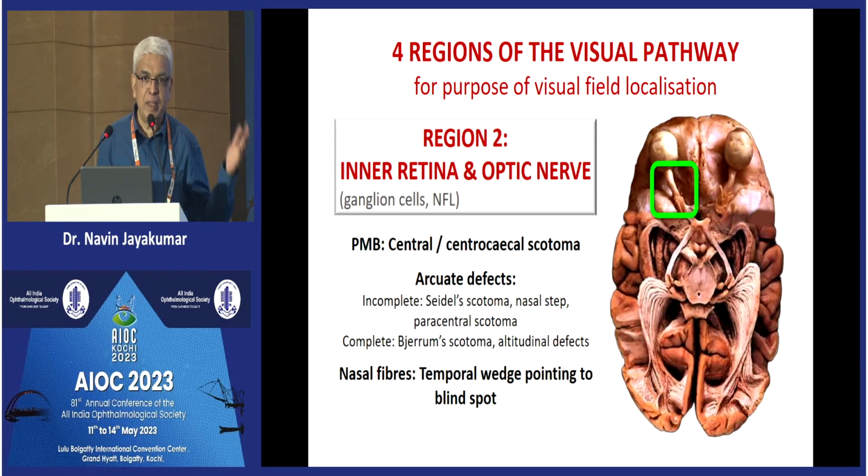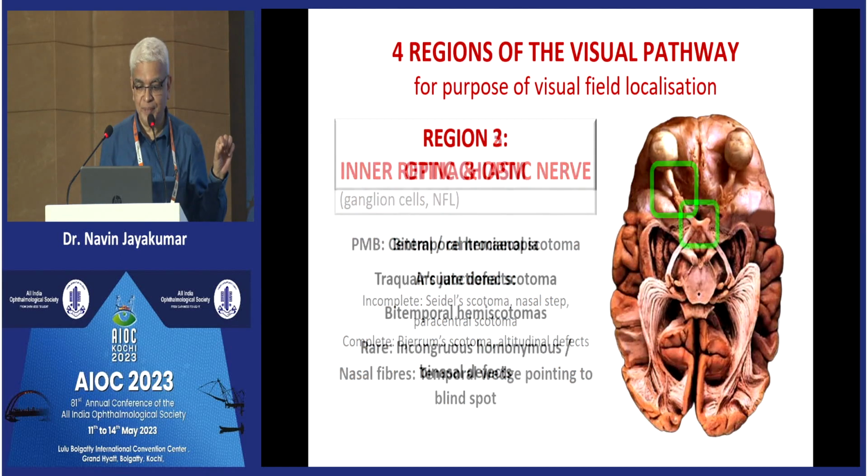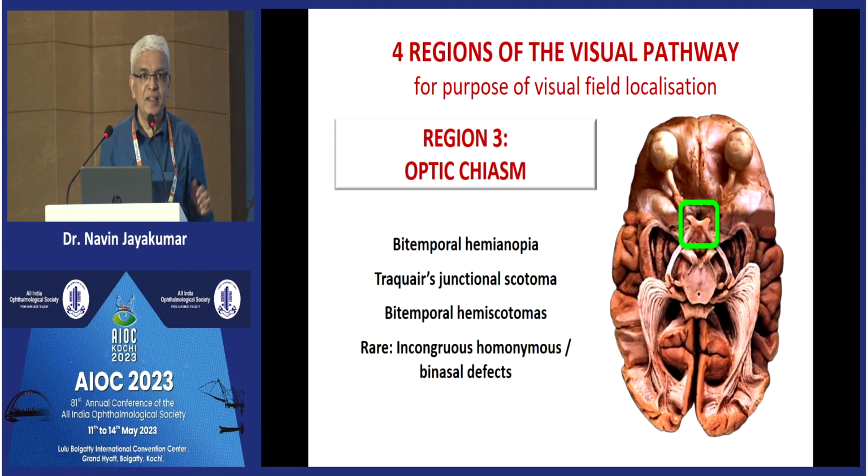You have papillomacular bundles, so central scotoma, centrocecal, the glaucoma field defects, and occasionally the nasal fibers producing a temporal wedge which connects to the blind spot, not to the fixation. Thirdly, of course, the classic field defect which you all are most familiar with, which is belonging to the optic chiasm.